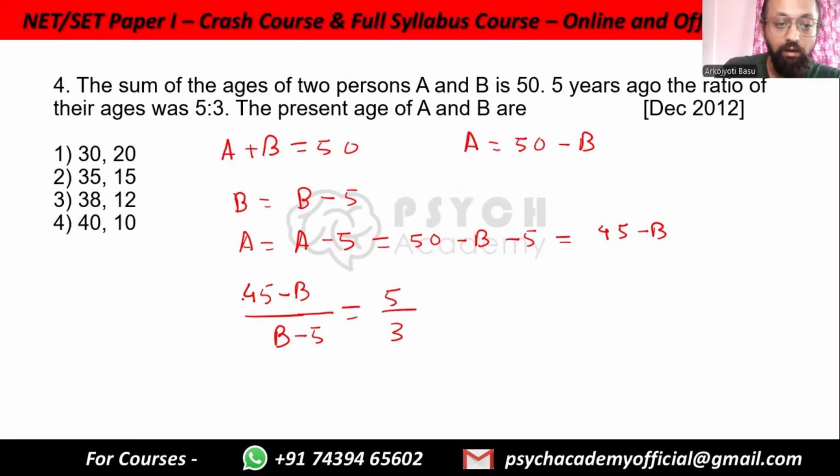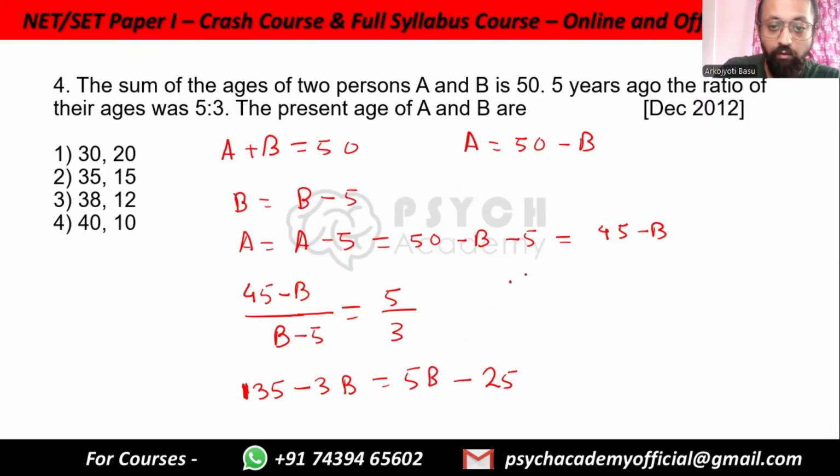Cross-multiplying, 3 times 45 is 135, so 135 minus 3B is equal to 5B minus 25. 5 into 5 is 25.